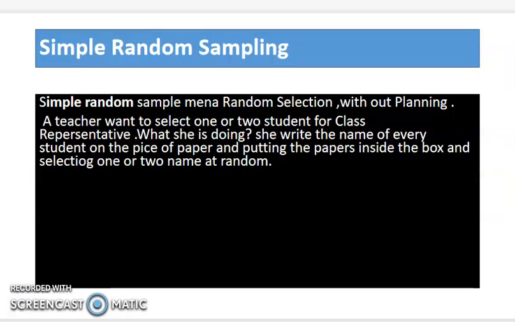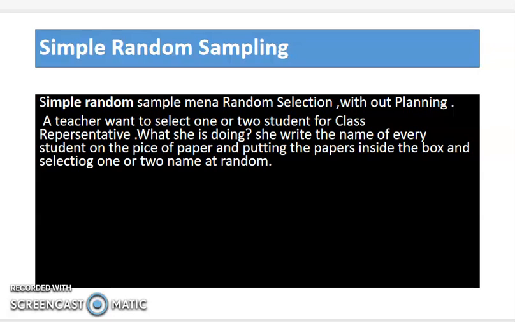Okay, the first one is simple random sampling. Simple random sampling means random selection without planning. You can understand it with an example: a teacher wants to select one or two students as class representative.